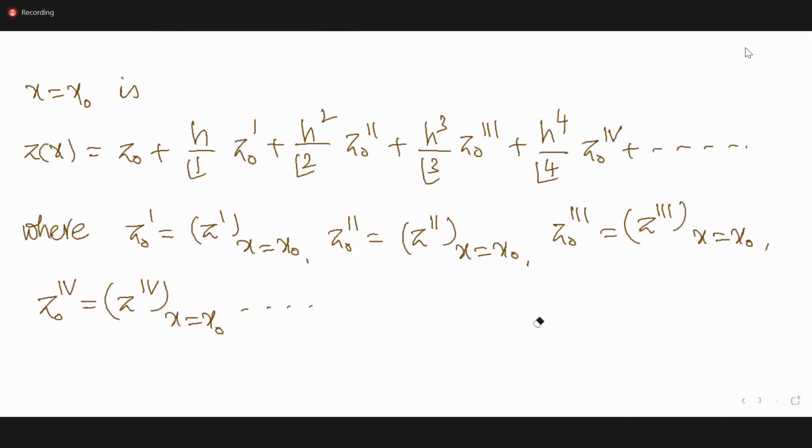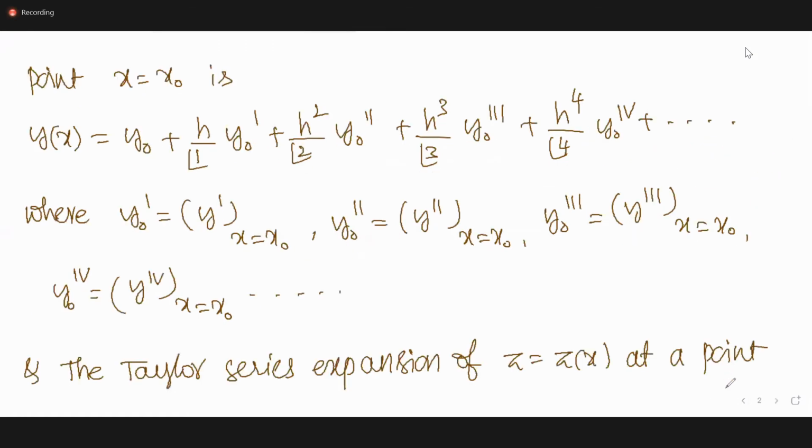So these are the Taylor series expansions of the two functions y and z at a point x is equal to x naught. So those expansions are representing y of x1 and z of x1. Let this be equation 4 and this be equation 3.